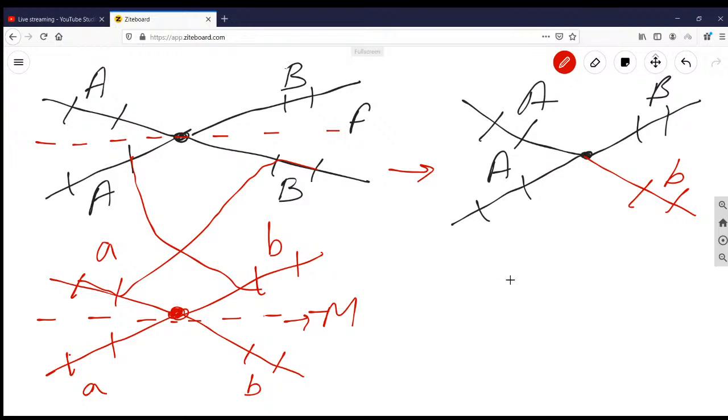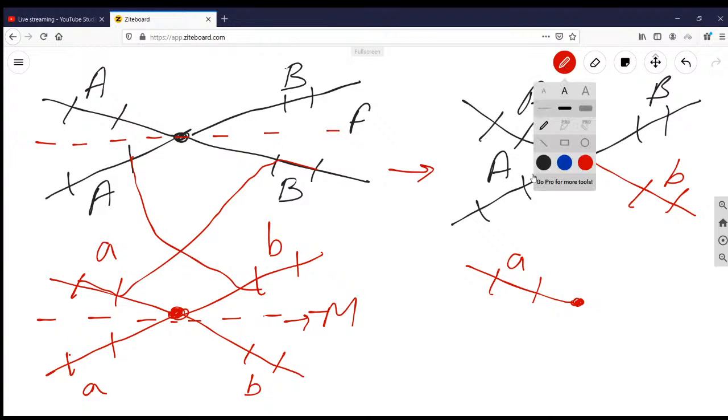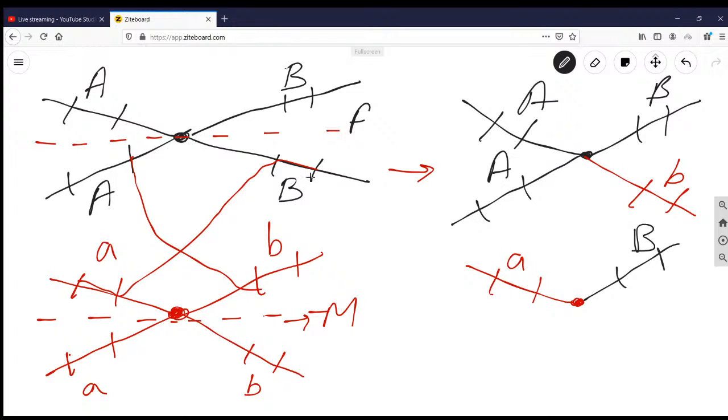In this case, here it is small a, but here it is capital B. So they have exchanged places. You can see the B's have exchanged places, whereas this remains the same.